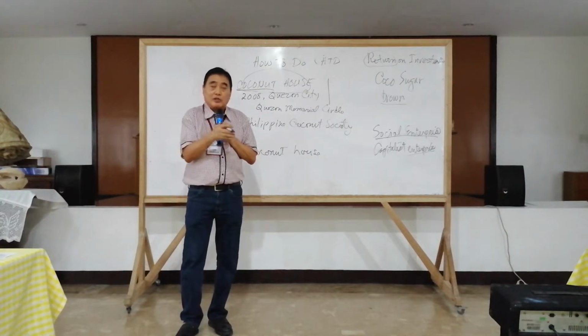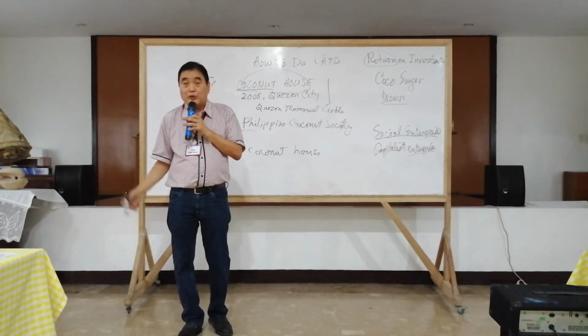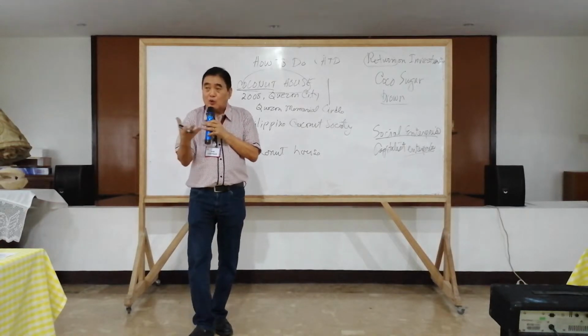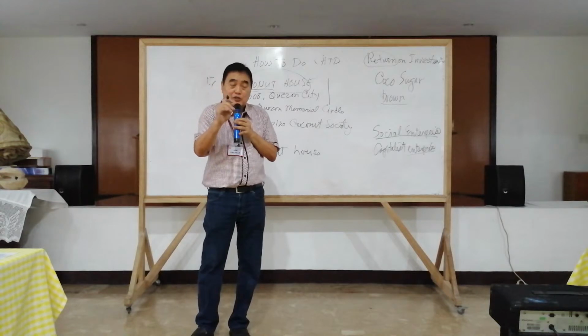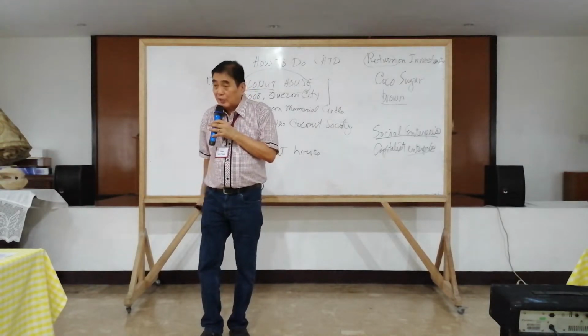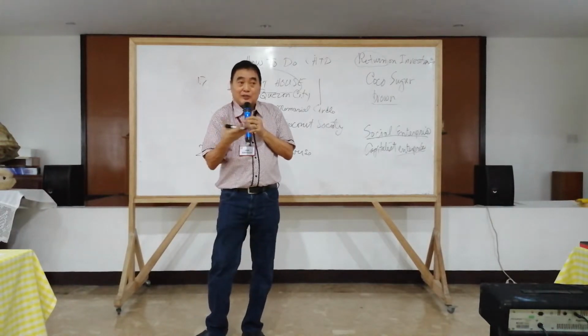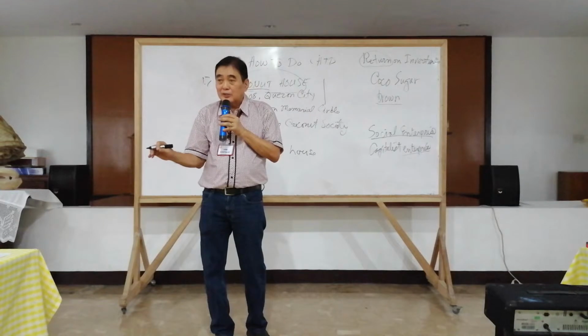We also have coconut house. We have a bake shop. We do pizza. Coconut pizza, the dough is made from coconut flour. And then in coconut house we have laing pizza. You know laing? You can put laing in your dough and you have laing pizza. And you can have cocoa pizza.